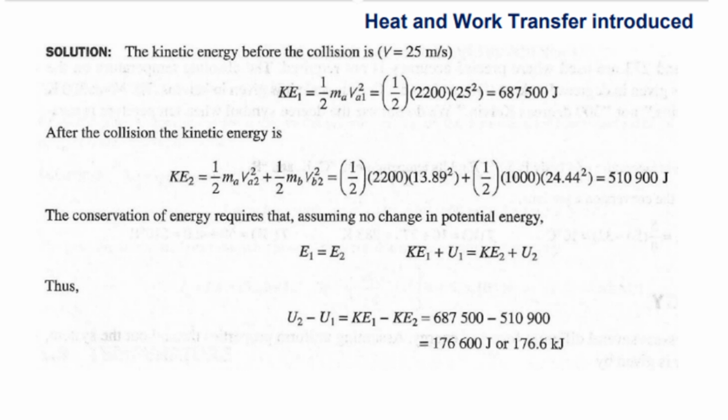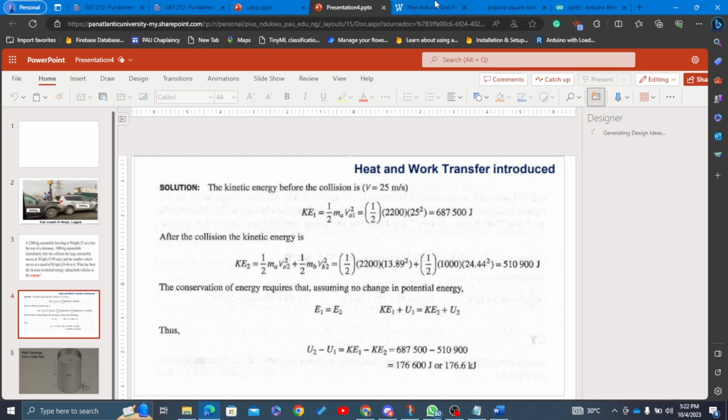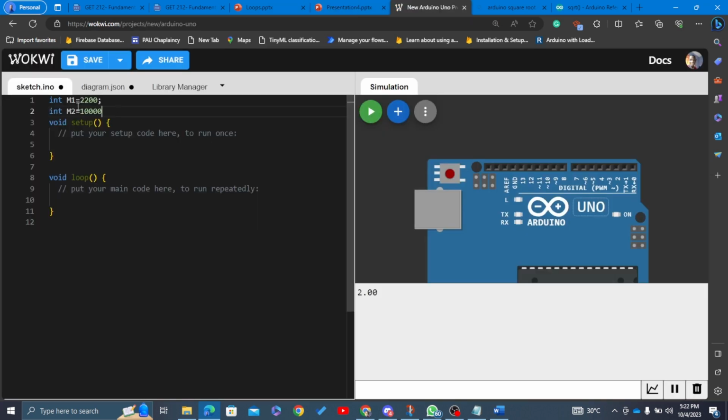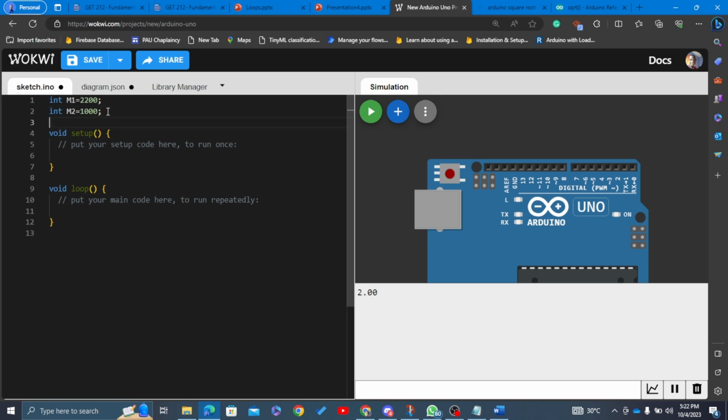Let's try that. I already started creating some variables. So we have the mass of the first car, and the mass of the second car, which is 1,000. You know what? Let's do MA for the first car, and MB for the second car. Then for the velocity of the first car, we're looking at the initial velocity of the first car when they are near collision, VA1. Let's look at our question.